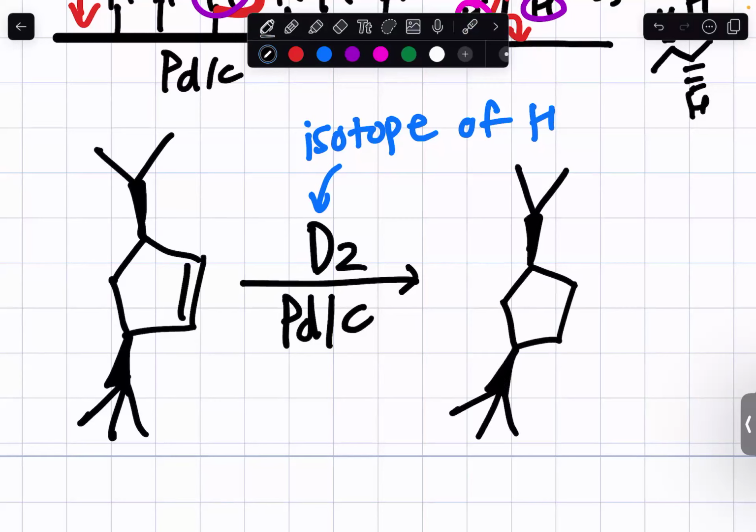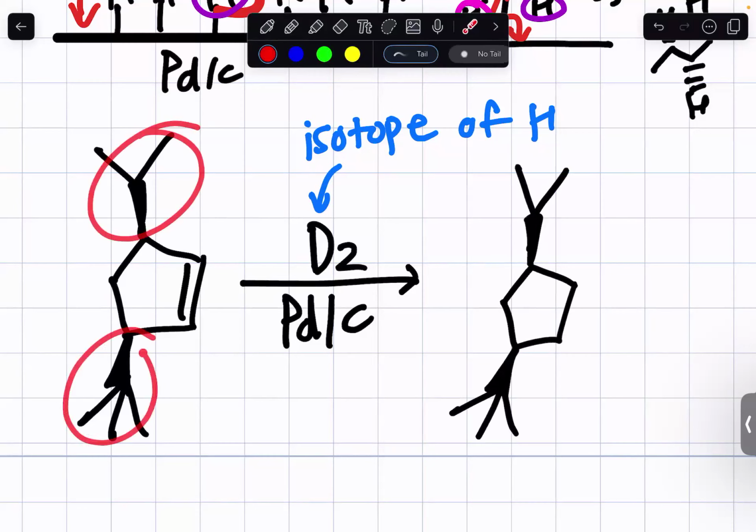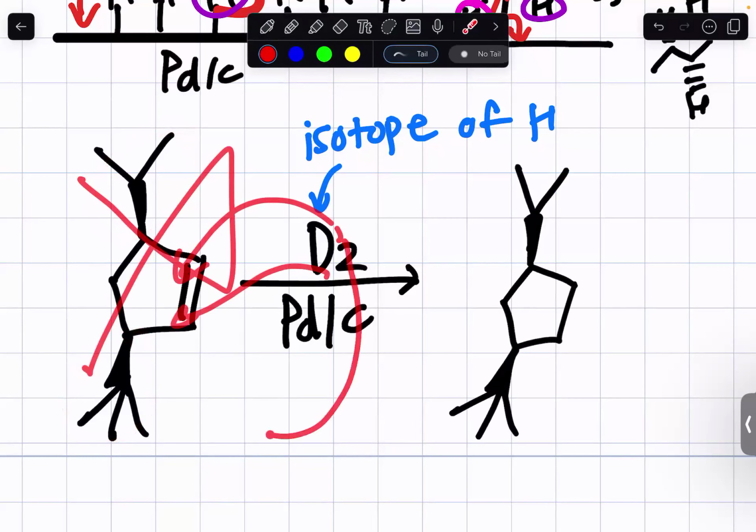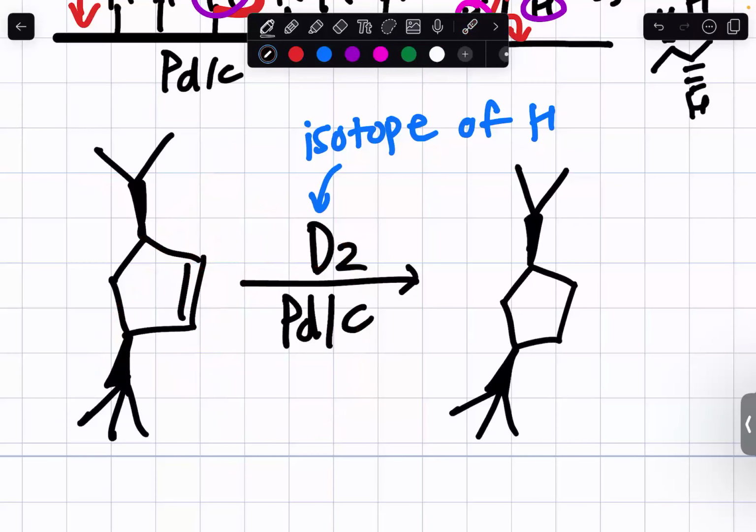Yeah, steric hindrance. That's right. The top side here, the wedges, there's too much steric hindrance. It's blocking the D's from attacking the top side. But it can go on the bottom side because on the bottom side, the dashes, there's nothing there. That's why there's less steric hindrance there.